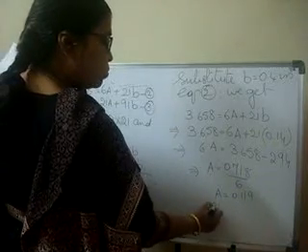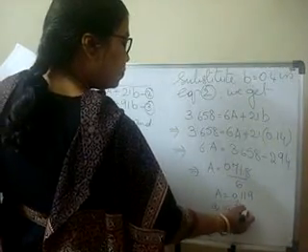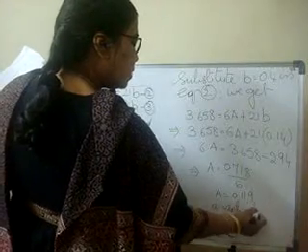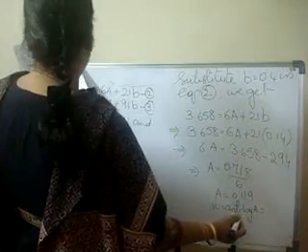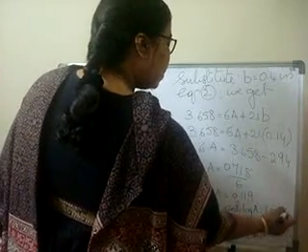We have taken small a to be antilog of capital A. That value is equals to 1.315.